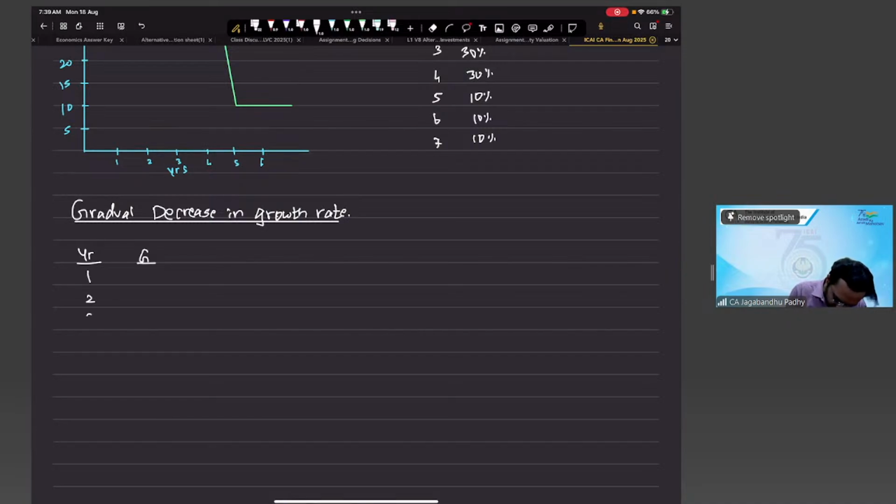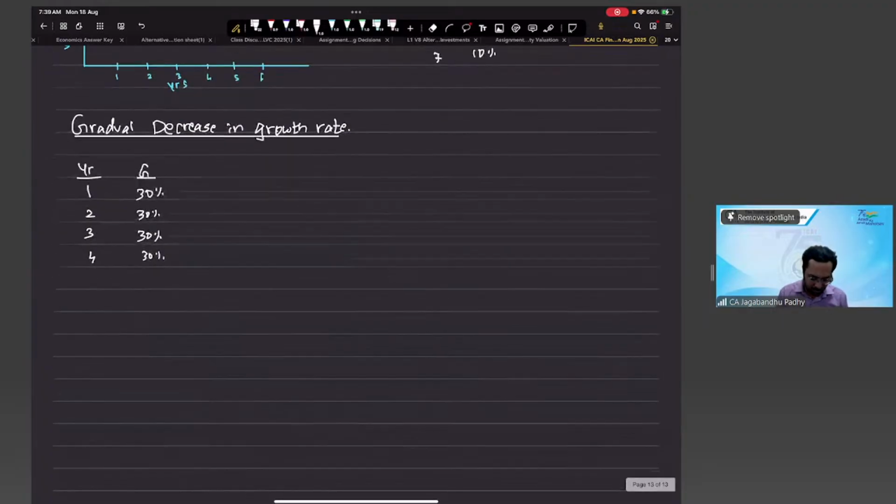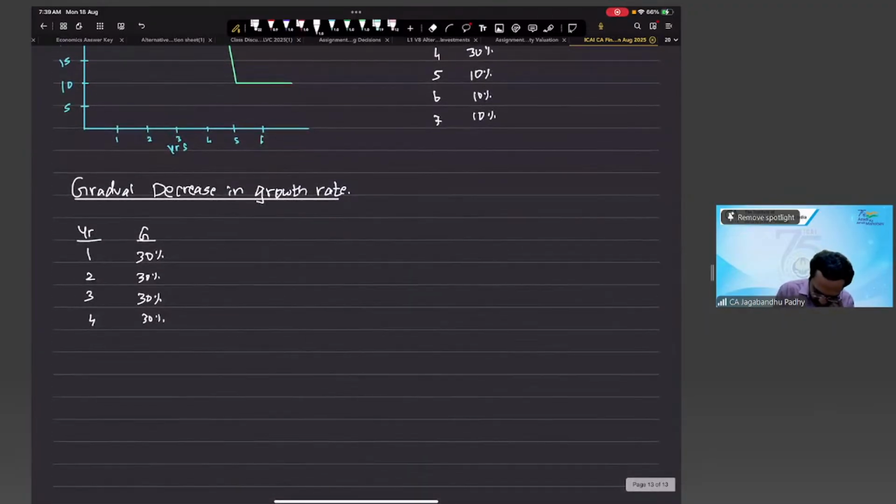So year 1, 2, 3, 4, you get a high growth rate of, let's say, 30%, but the long-term growth rate is 10%. When I say year 1 to 4, it's going to be 30%, and then from year 5 onwards there will be a transition phase, basically from 5 to 9.